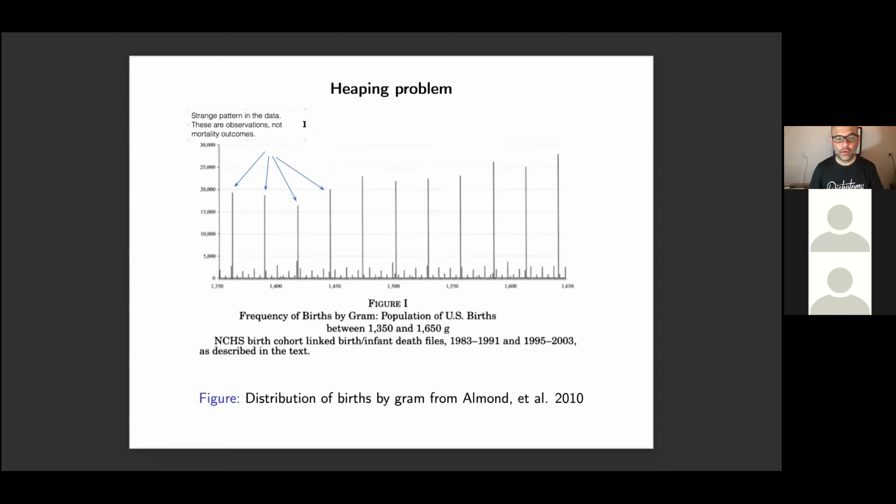At some regular interval, the spacing between these lines looks identical. At some regular interval, there are around 20,000 infants with exactly that weight.